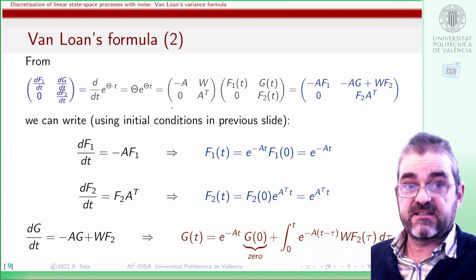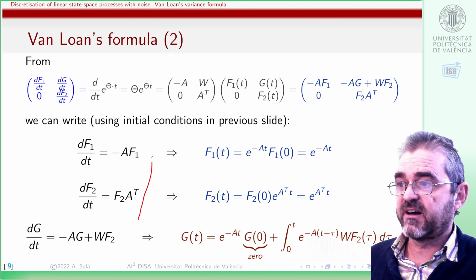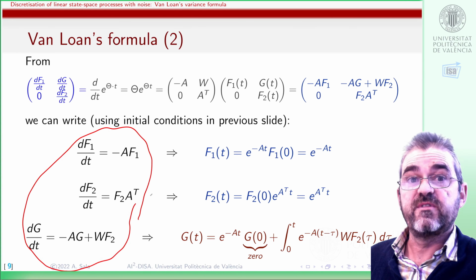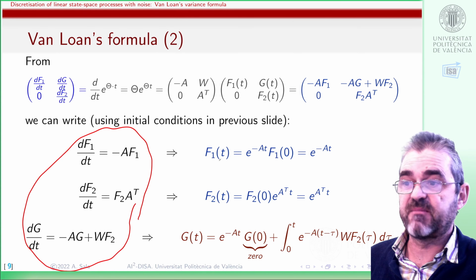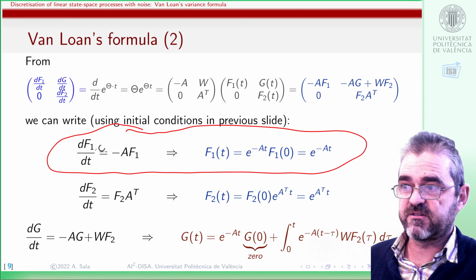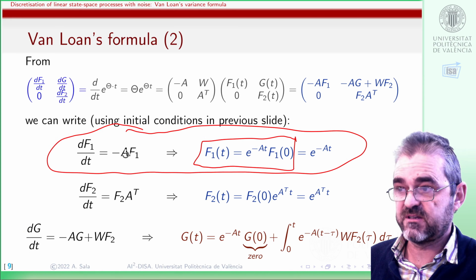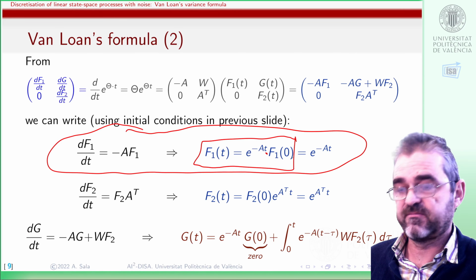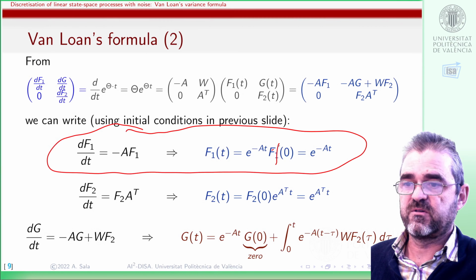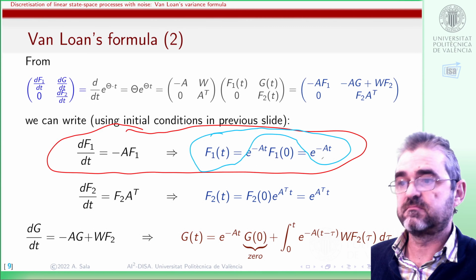So the conclusion is that, as with everything related to matrix exponentials, f1, f2, and g verify these first order differential equations, and we know that the solutions of such differential equations are matrix exponentials. Indeed, the solution of this first equation is the exponential of minus a times the initial condition, and we know that f1 was the identity. So as this is identity, we know what f1 is.